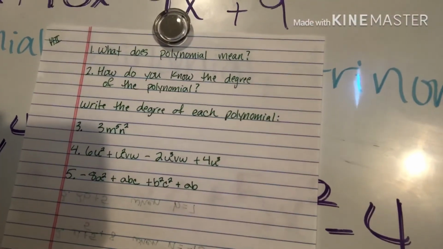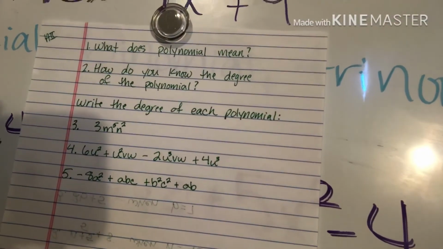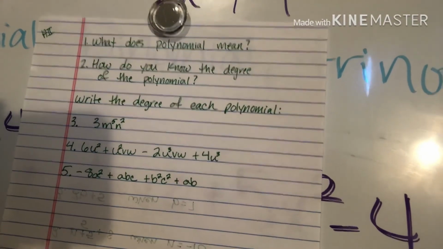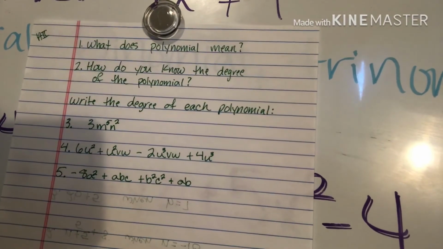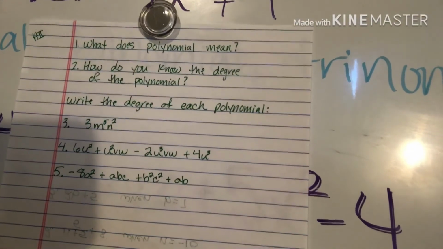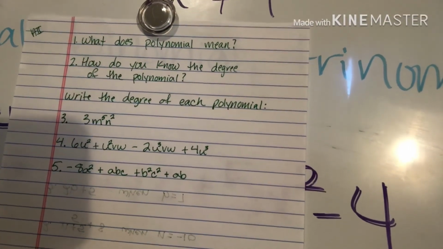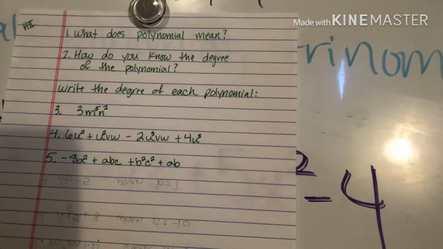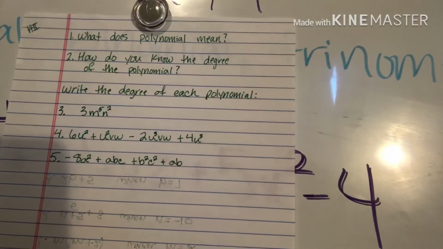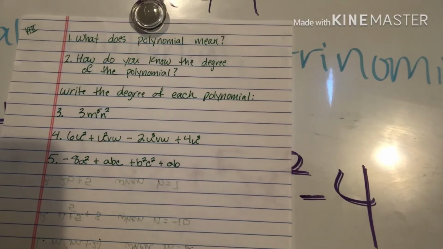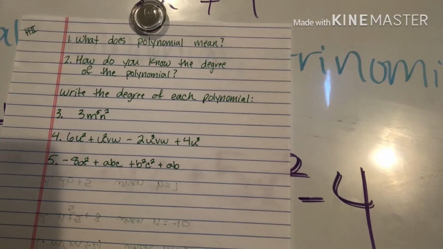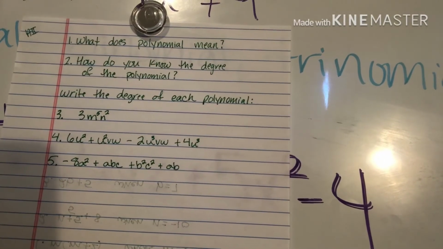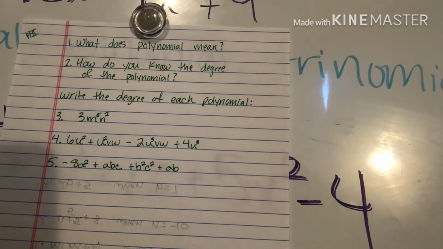Okay, so it says, what does polynomial mean? We talked about that today. How do you know the degree of the polynomial? Write the degree of each polynomial. And then it says 3m to the 5th n squared. And number 4 is 6u squared plus u squared vw minus 2u cubed vw plus 4u cubed.